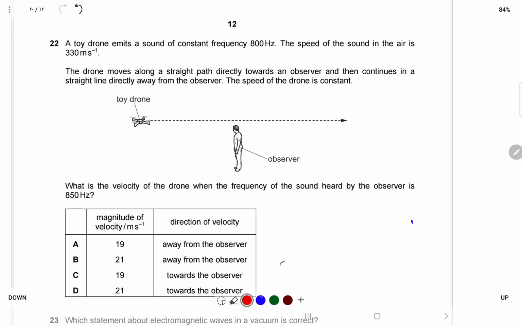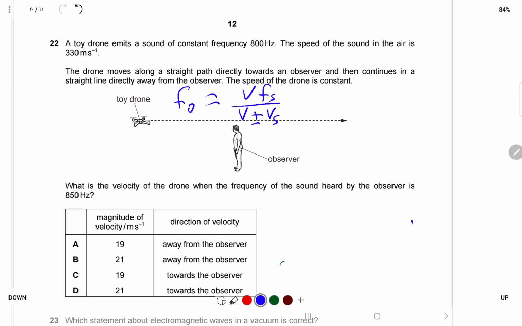So let's solve. The formula is f observed equals velocity of the sound multiplied by f, the frequency of the source, divided by velocity of the sound plus or minus velocity of the source. Here we are told in the question away and towards, so we don't know whether to take plus or minus. Let's leave it till the end.